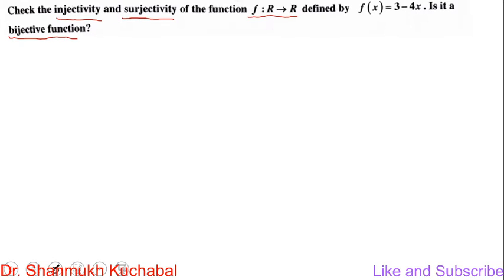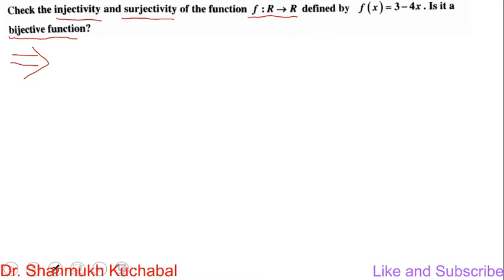And look at the function, very important. It is defined from R to R. R represents the set of real numbers. So f is a function defined from real numbers to real numbers. Let us begin this example. First we will check whether it is injective, or a 1-1 function.